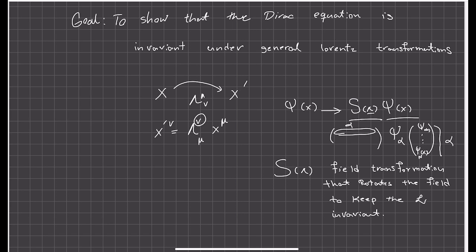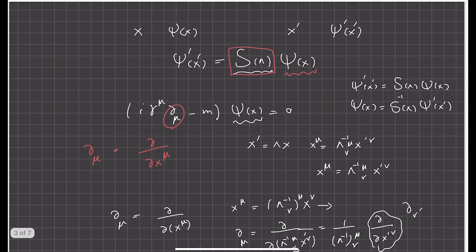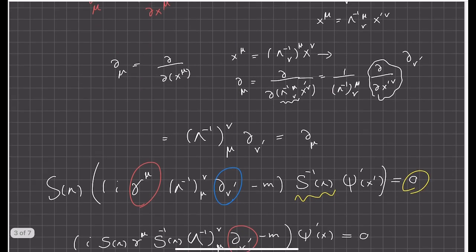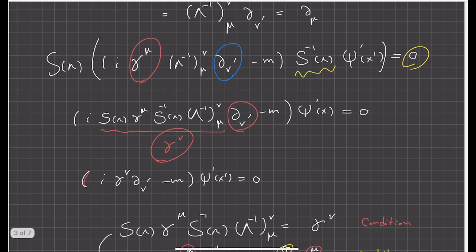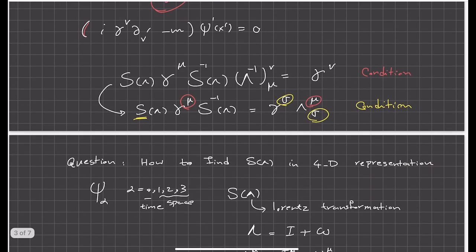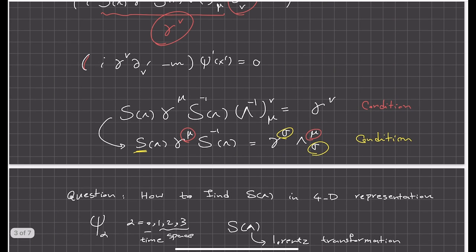But the representation of the Lorentz group, the general Lorentz group, is S of lambda. And we tried to find the properties for that S, or representation, in order to keep the Dirac equation invariant. So our whole point was to keep the Dirac equation invariant under a representation of the Lorentz group. And then we found that this particular S should have these properties here.